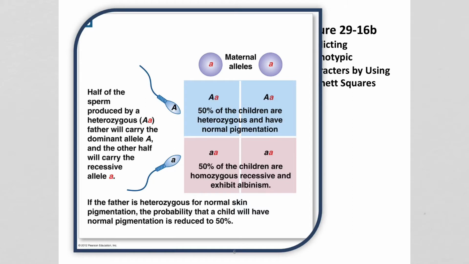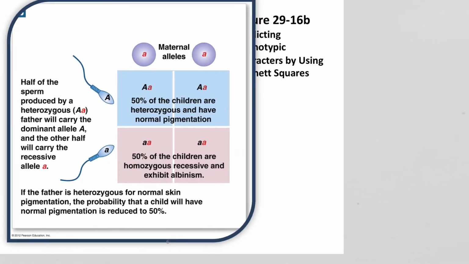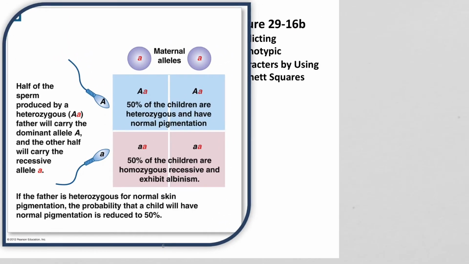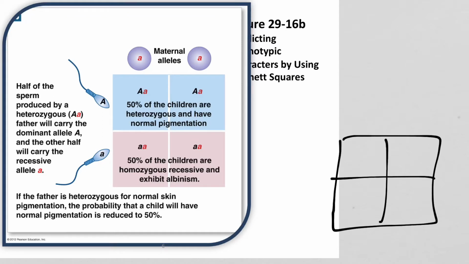Page 25. Using figure 29.16b, which we have here, show the genotypes of the children of a heterozygous brown-eyed father and a homozygous recessive mother.